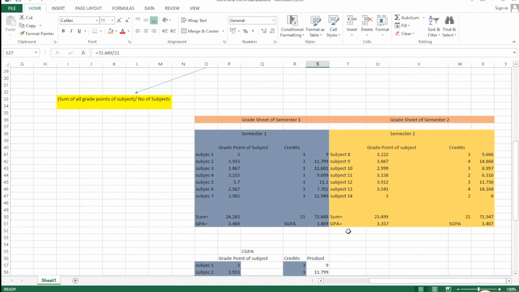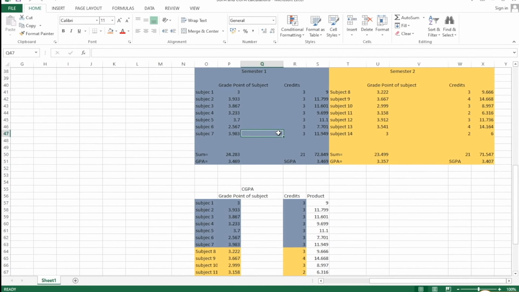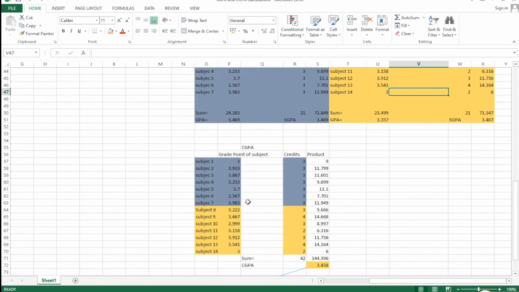So how do we calculate this? First, we have calculated SGPA for semester 1 and for semester 2 in the same way as explained above, right? But once you have the 2 award lists of semester 1 and semester 2, see what we are trying to do.